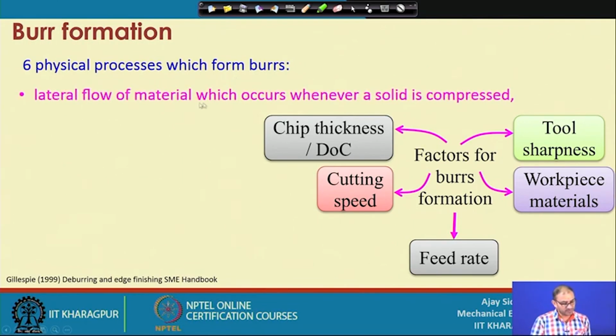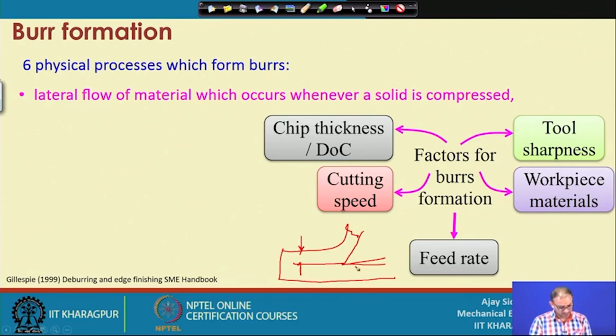One is the lateral flow of material, which occurs whenever a solid is compressed, because we know that we are plunging the tool into the workpiece material. So, whenever you are pushing the tool, and this is our chip, this is our uncut chip thickness, and this is our workpiece, whatever we are machining out of it, we assume that all of the chip is flowing over the rake face of the tool, but we have seen in that flow mechanism that some material is actually moving to the side also, and that is also creating a problem.